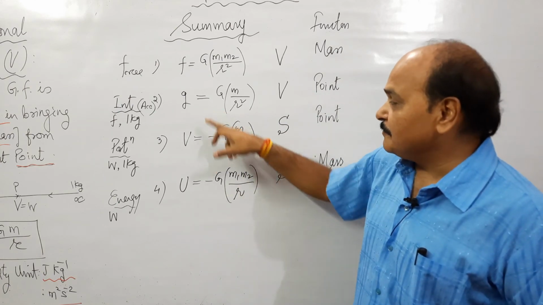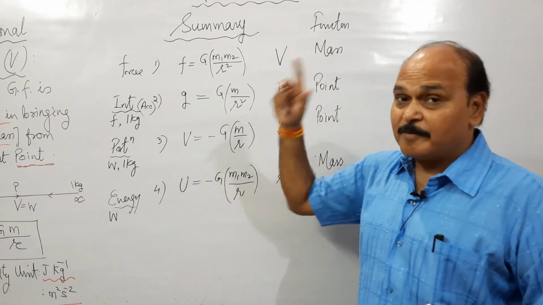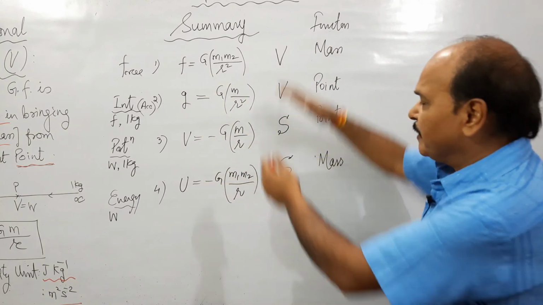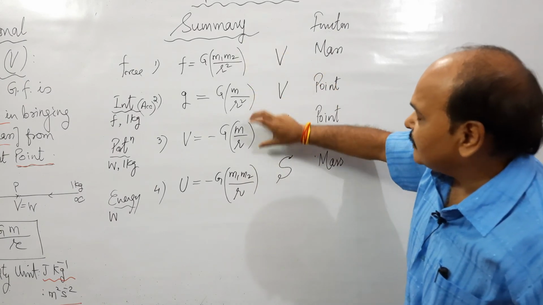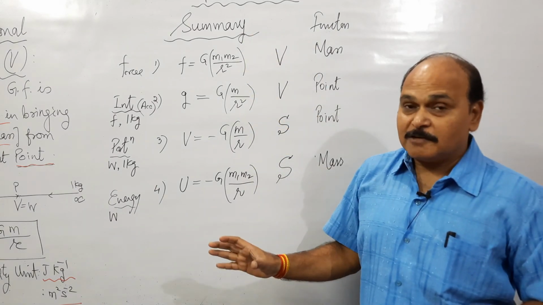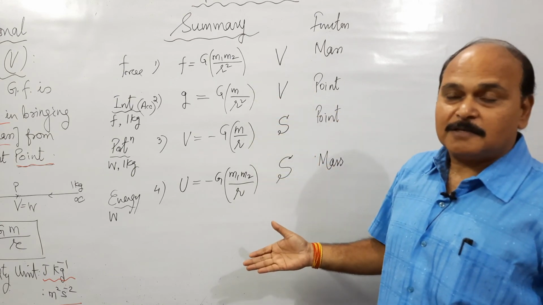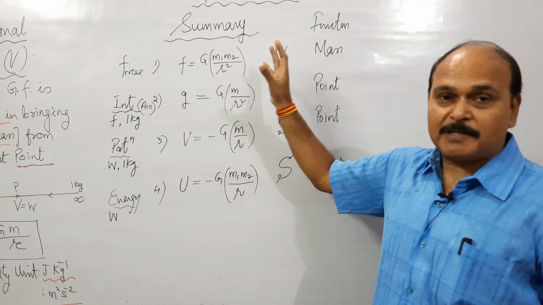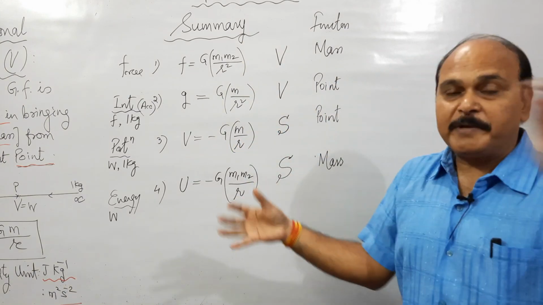So G and V, they are what? Point functions. F and U, they are what? Mass functions. And children, when we make this summary, we exactly get to know the difference between all these. When we write all these formulas together, we actually know how different they are from each other. And if you individually study them and prepare them, what will happen when it comes to writing them together, all would be intermingled.